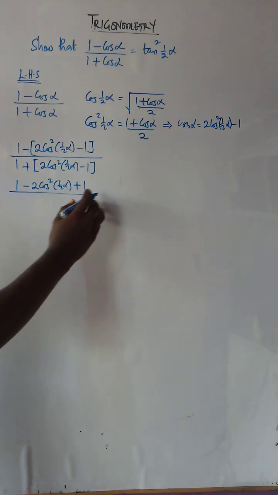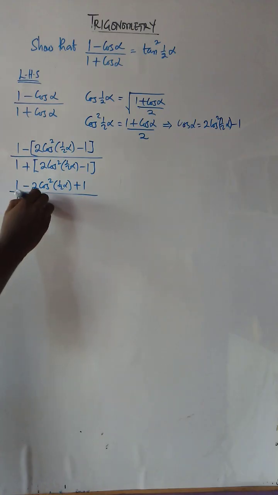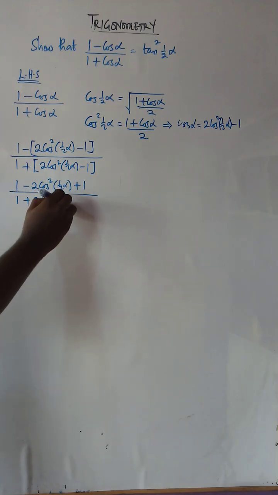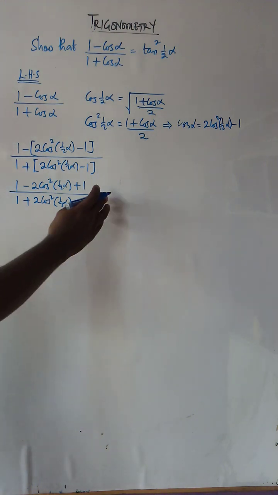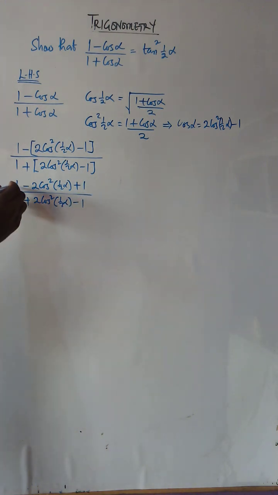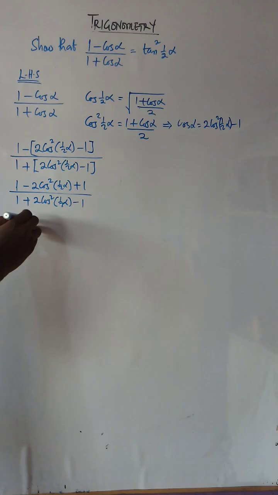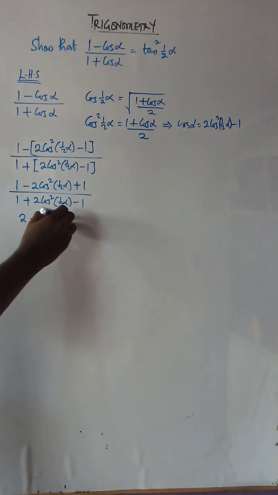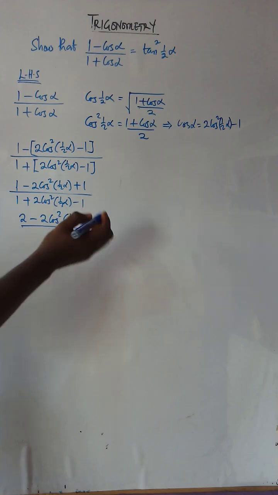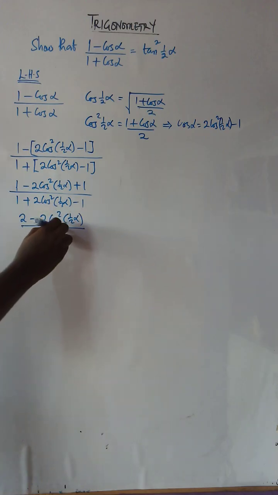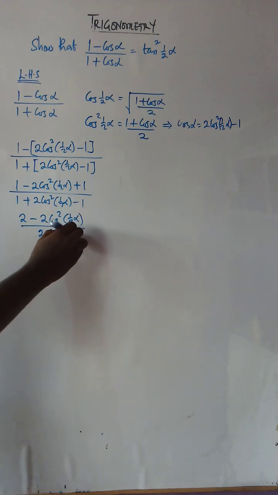Then here we'll be having 1 plus 2 cos square half alpha minus 1. So what do you have left here? 1 plus 1 is 2. So we're having 2 minus 2 cos square half alpha over, 1 minus 1 cancels, so we're having 2 cos square half alpha.